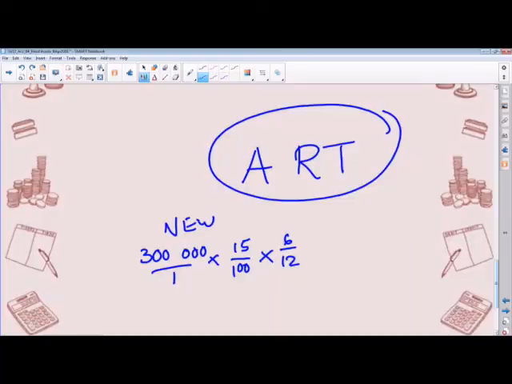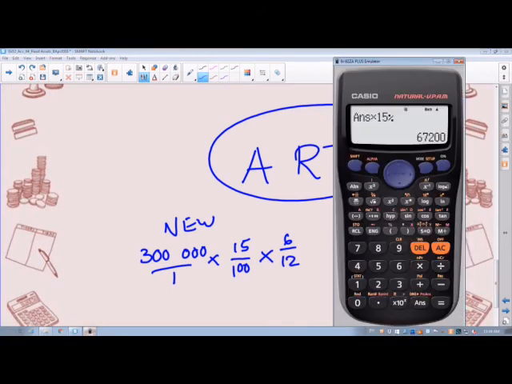Okay, let's do the calculation now for this one here. We've got 300,000 times 15%, which is equal to that times 6 and divide by 12 to give me a figure of 22,500.